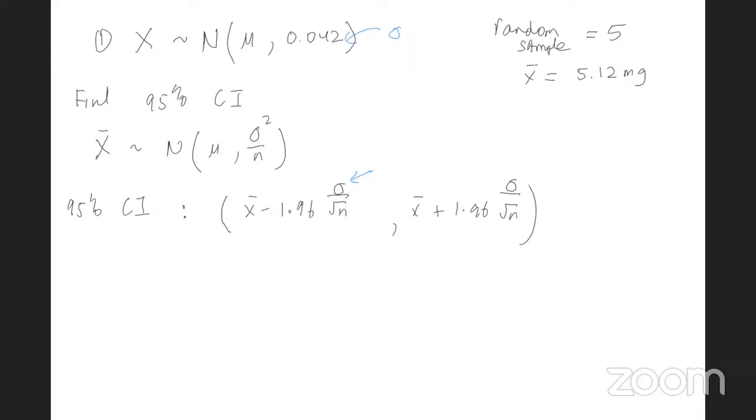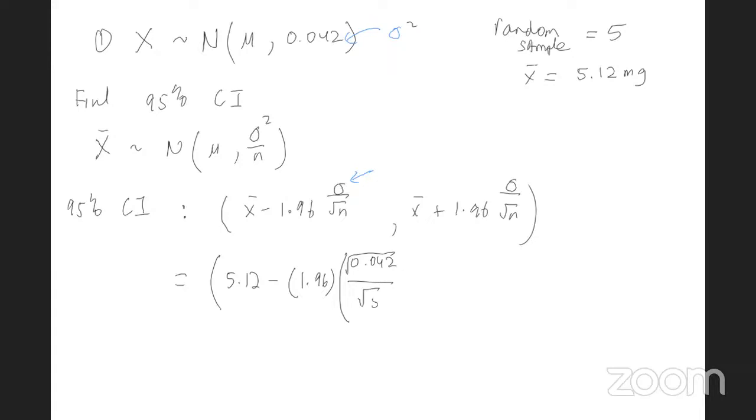So the confidence interval now: X bar is 5.12 minus 1.96 by sigma. As I said, sigma is the square root of 0.042, all over the square root of n, so all over the square root of 5.